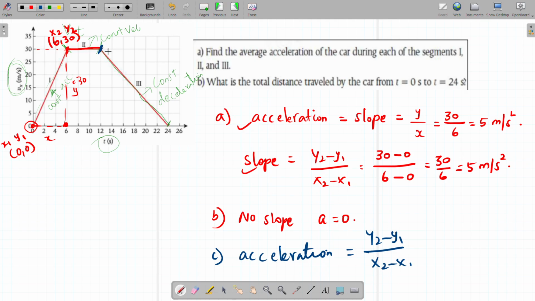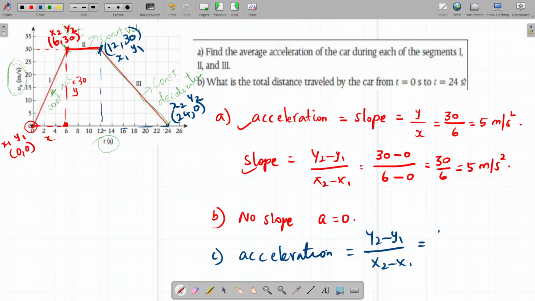So at this point here is x1, y1. So x1 is 12 and y1 is 30, and here x2 is 24 and y2 is 0. So here you can give x1, y1, x2, y2.